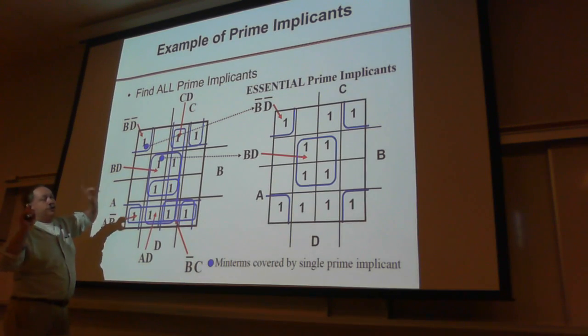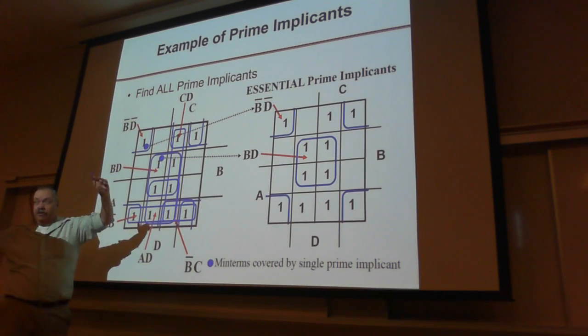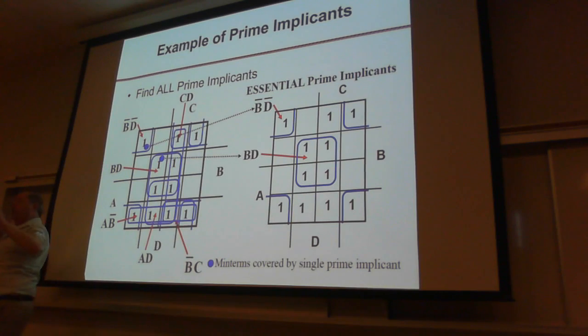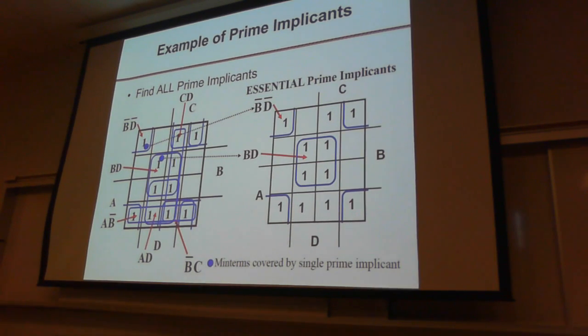Okay? There's 2, and recall we had 2 different definitions. We had the prime implicant, and then we had the essential prime implicant, right? Does anybody remember what the difference is with the essential prime implicant? What differentiated the essential prime implicant from the regular prime implicant? Yes? Covers one or more movements.